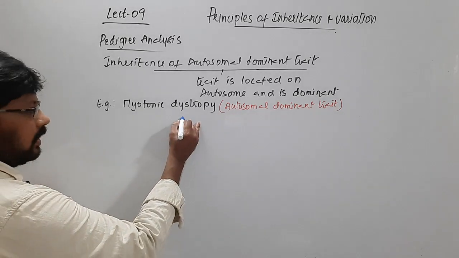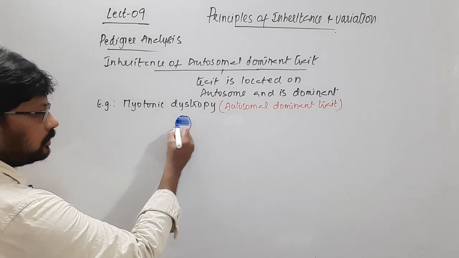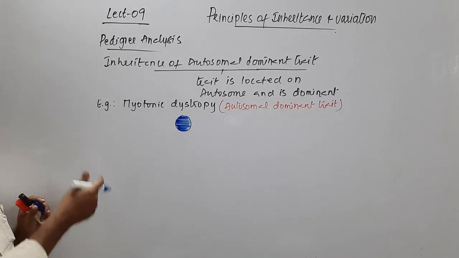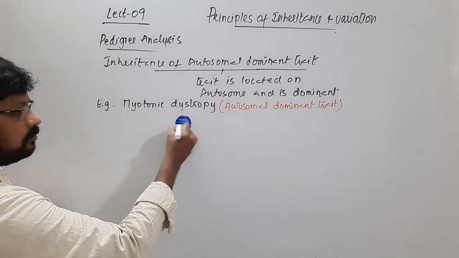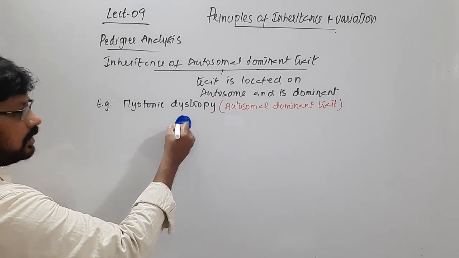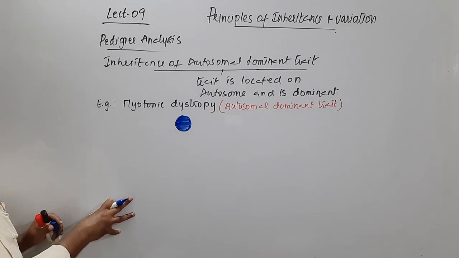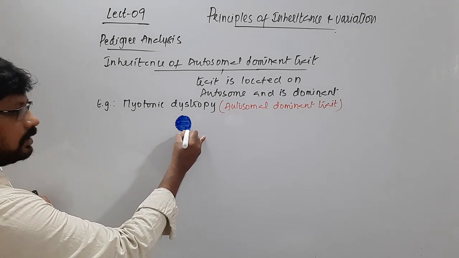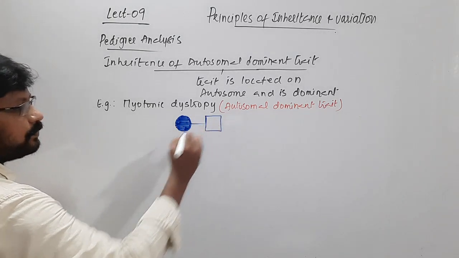Here a female who has myotonic dystrophy, so I shaded this. Earlier, in the symbols, I told you the person carrying the trait should be shaded. This female, who carries the trait myotonic dystrophy, marries a normal man.